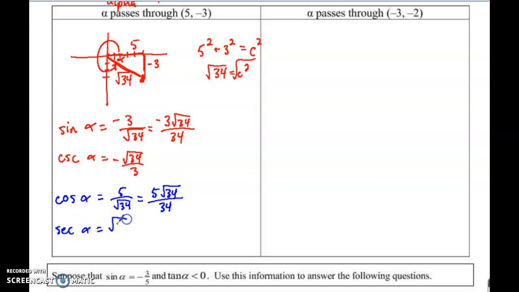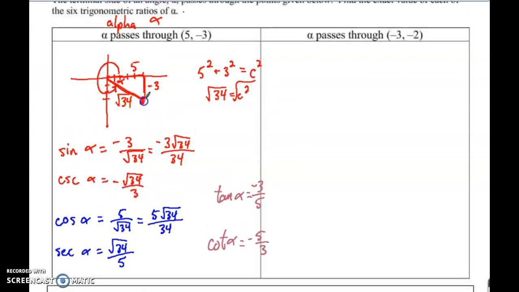And again, just rationalize the unrationalized one, and reciprocal that, flip it, and you should be good. And then just to give your last ones, tangent and cotangent are pretty straightforward, because tangent's opposite over adjacent, so just -3/5, nothing to rationalize, and then cotangent is the reciprocal of that, so -5/3. There we go, and we have it.